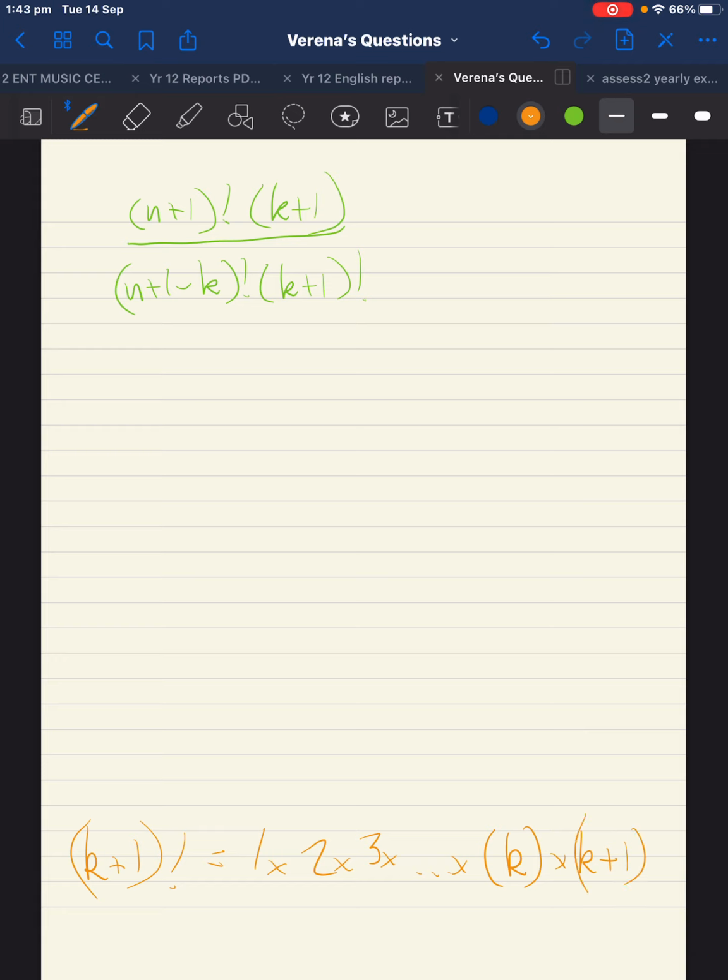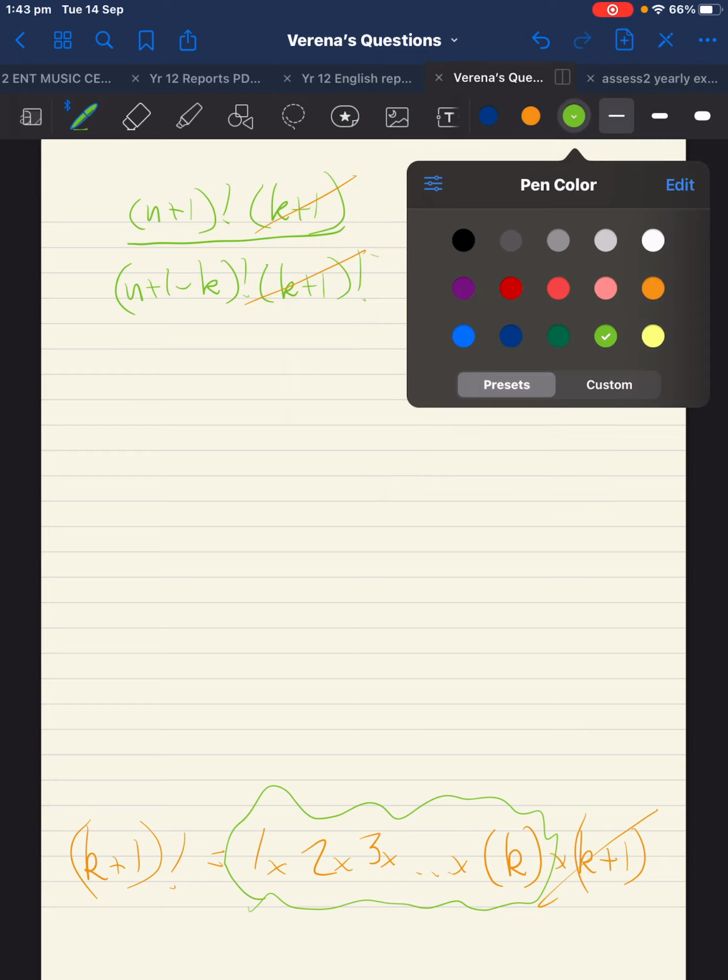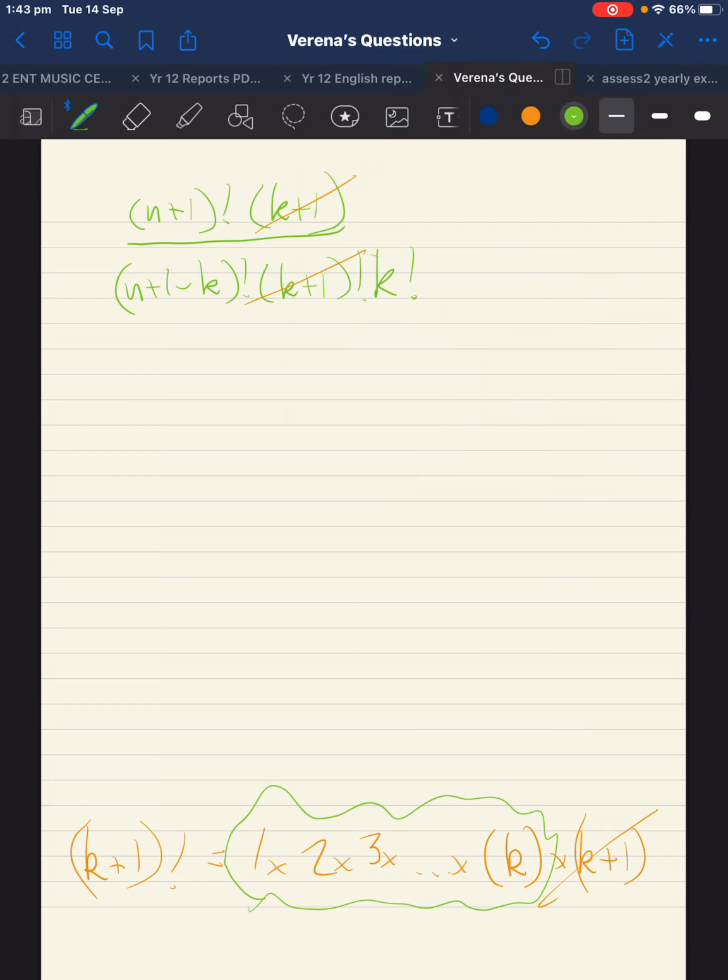And so here we can cancel the k plus 1's, leaving us left over with k factorial. So once you cancel the k plus 1's from the k plus 1 factorial, what you're left over with is just k factorial.